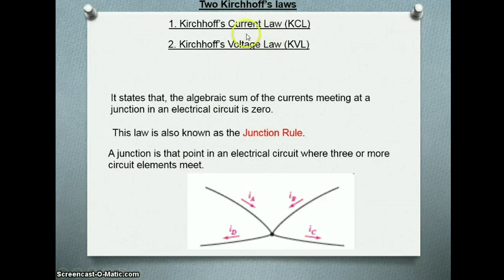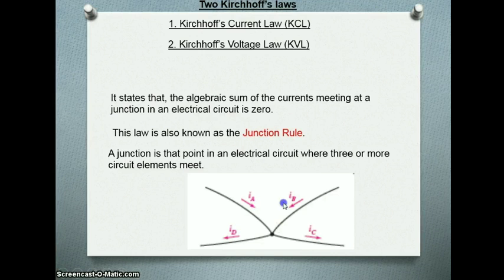Kirchhoff's current law. From the name itself, it is a rule related to current. The statement is that the algebraic sum of the currents meeting at a junction is equal to 0. So this is a rule which we can use only at junctions. That is why it is otherwise called the junction rule also. A simple example you can see here: a junction of a given network is highlighted, and you can find there are 4 branches at the junction, and there are some currents identified also.